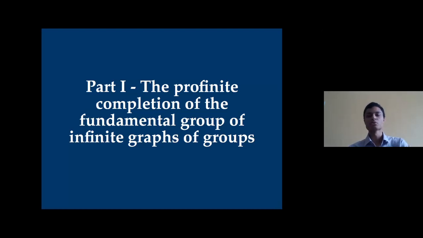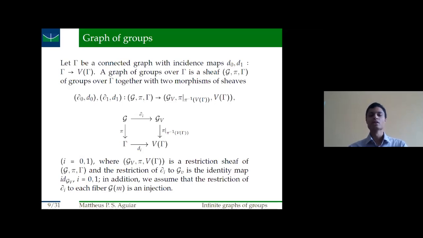So part one is the name of the paper, the profinite completion of the fundamental group of infinite graphs of groups. So first, what is a graph of groups? We start with a connected graph gamma, an abstract connected graph, and two incidence maps, d0 and d1, from gamma to itself. So a graph of groups is a sheaf of groups together with gamma and two morphisms of sheaves.